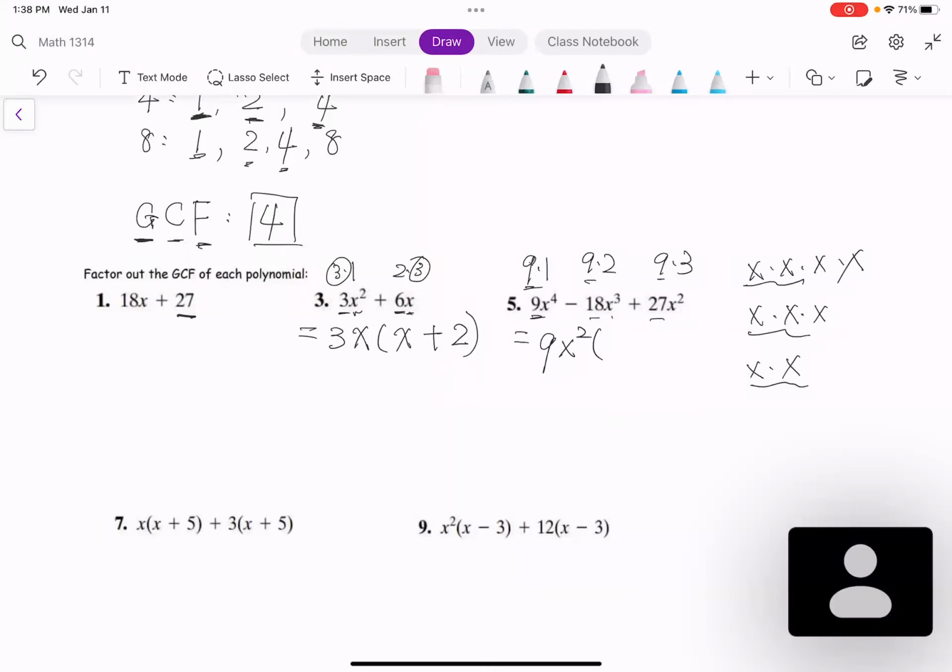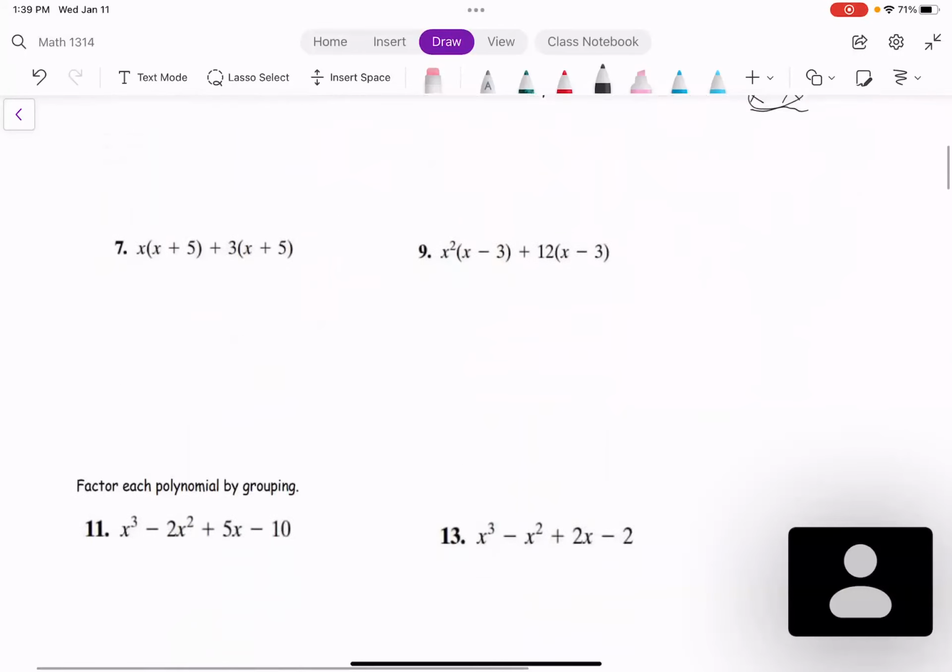If I factor out 9x squared, I have x squared minus 2x plus 3 left. That's it. Okay, let's see the next one.